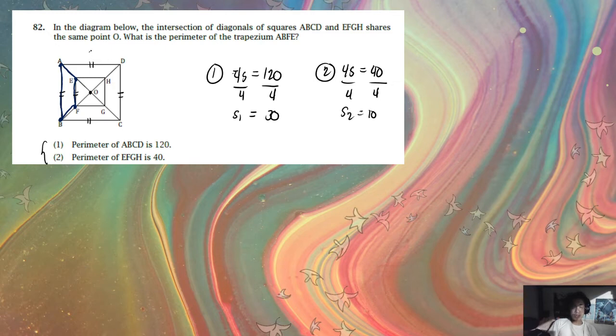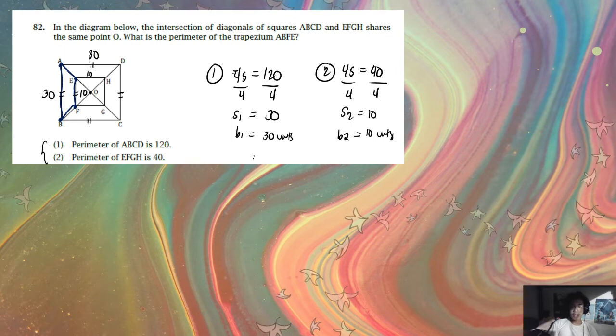So this should be 30, and this should be 10. There we go. So we already know the bases of our trapezoid, or our trapezium. B sub 1 is equal to 30 units, and B sub 2 is equal to 10 units.